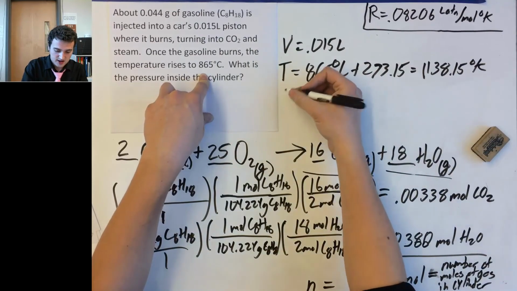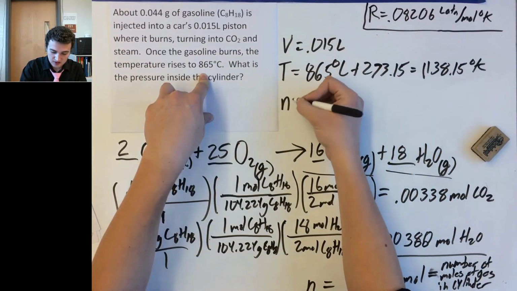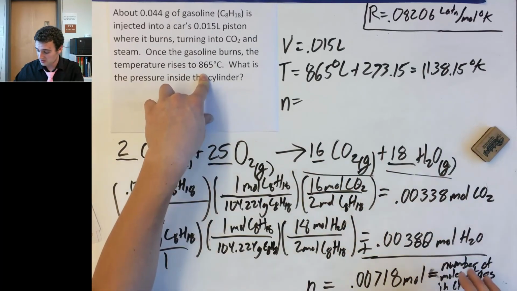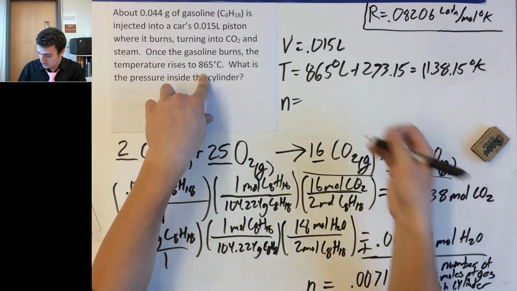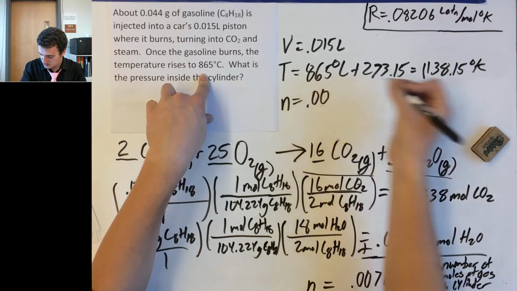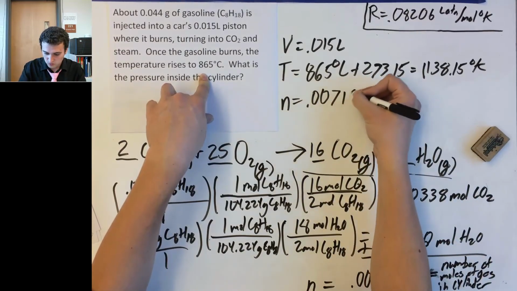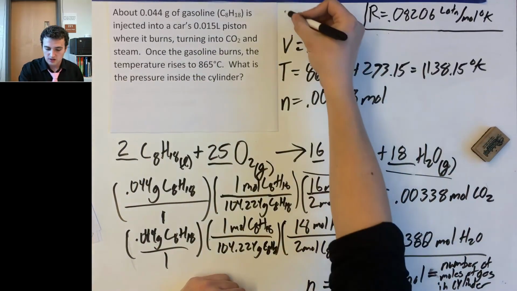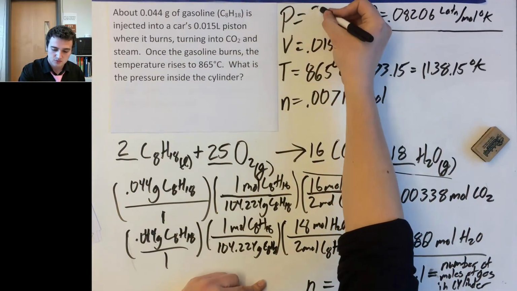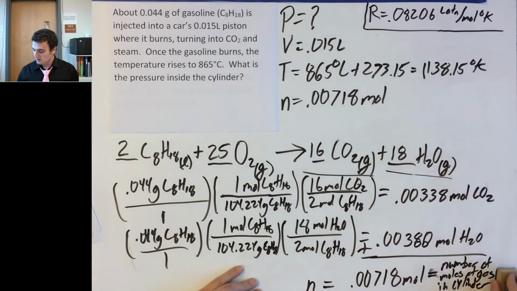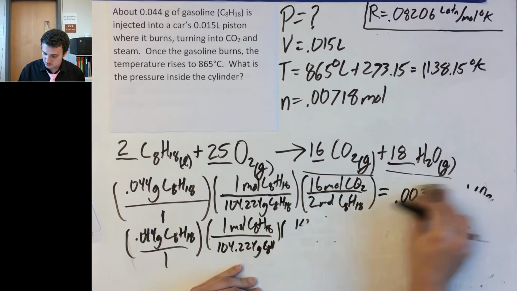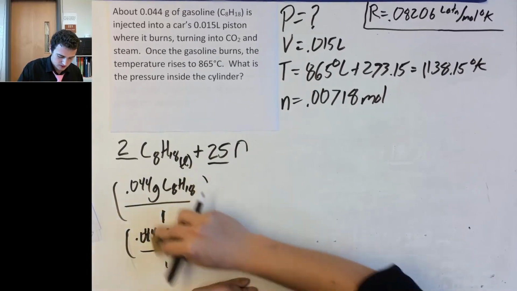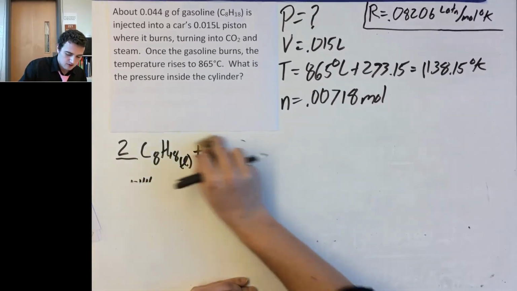And I have R, of course, and I now have the number of moles of gas in the cylinder, which is the number of moles of carbon dioxide plus the number of moles of water, which is 0.00718 moles. Okay, and we, of course, are trying to find the pressure. Free up a little more space here. I wanted the chemical equation.